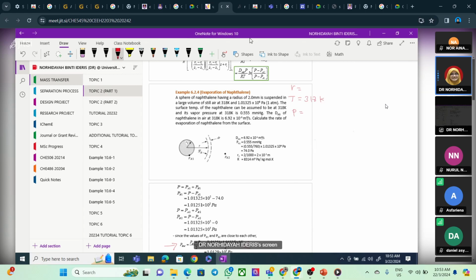The surface temperature of the naphthalene can be assumed to be at 318 K, as vapor pressure at 318 K is 0.555 mmHg. So from this sentence you should understand, okay, apakah maksud 0.555 ni, kan? So you know that if you have this sketch here, the point 1 is referred to the surface of the naphthalene.